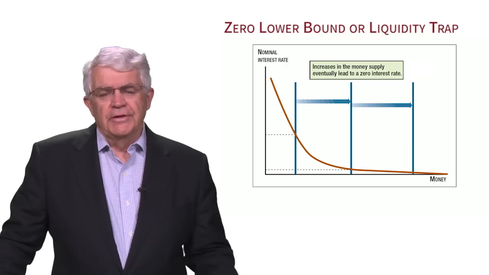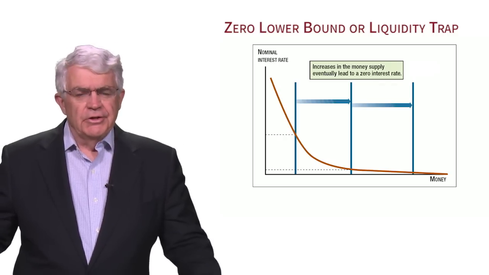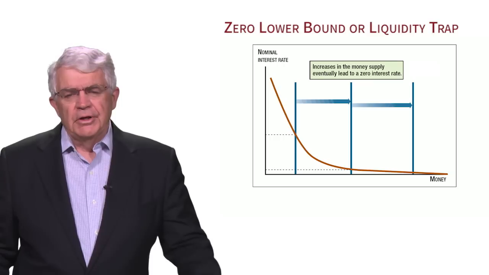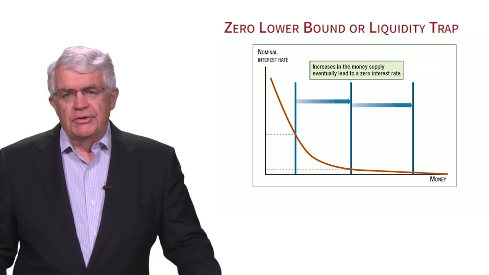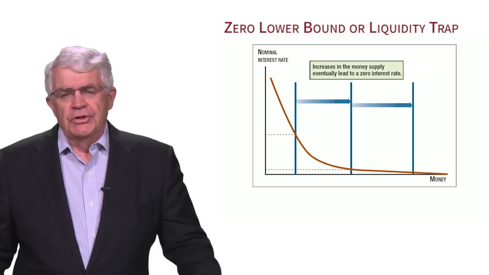I've given three different places where the money supply is, depending on what the central bank is doing. And as you can see here, since money doesn't pay interest, think about currency. Currency doesn't pay interest at all, and it certainly doesn't pay a negative interest. And so at some point, you can't reduce the interest rate below zero. And so there's this lower bound on the interest rate at zero.